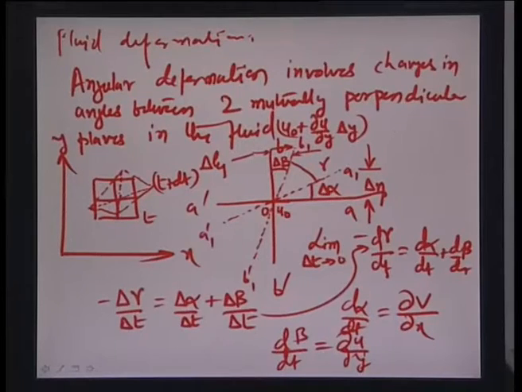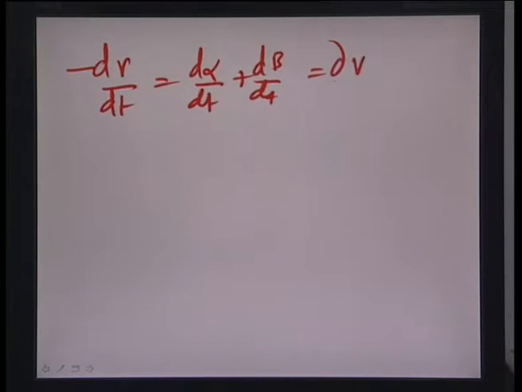All right. So essentially then this minus d gamma by dt, which is also d alpha by dt plus d beta by dt, would become the same as del v by del x plus del u by del y.